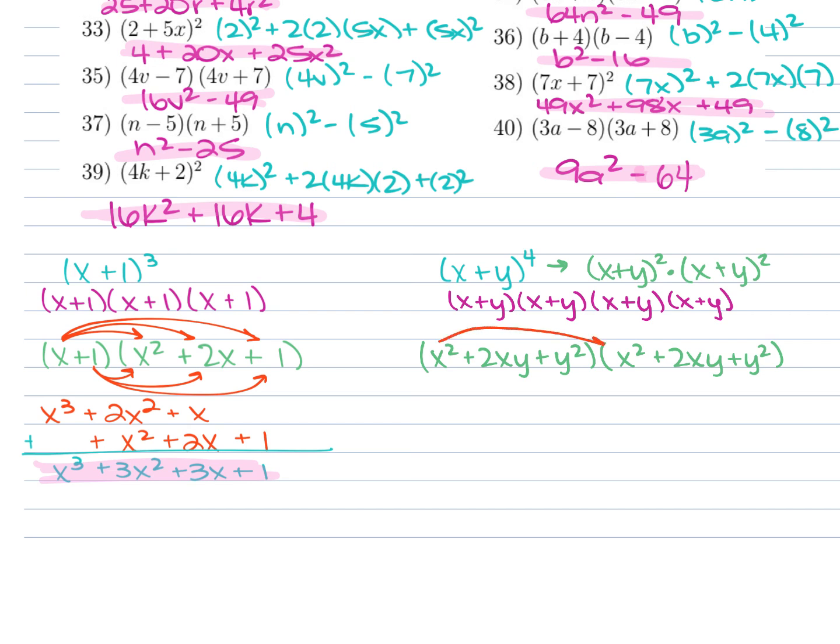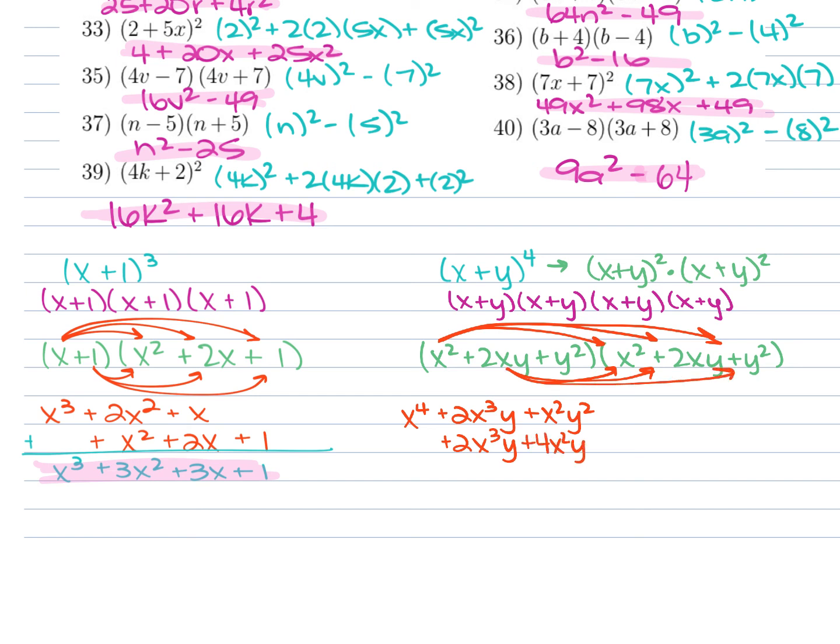So x squared times x squared is x to the 4th power. The x squared times 2xy is 2x cubed y. The x squared times y squared is x squared y squared. The 2xy times x squared gives you 2x cubed y. The 2xy times 2xy is 4x squared y squared. Then the 2xy times y squared gives you 2xy cubed. Then work with the y squared.